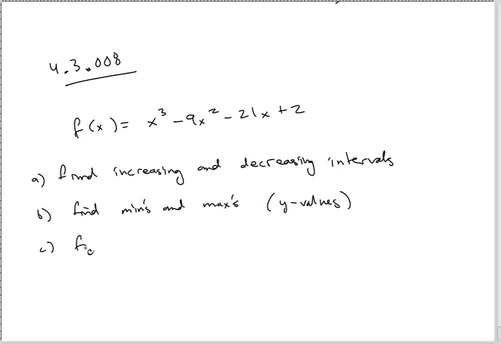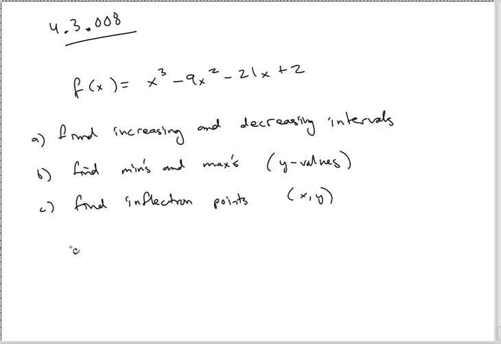C, they say find the inflection points. Here you only have the 1, of course, but inflection points. And this they want in the form of x comma y. Kind of annoying how they want two things. Here they want this one, and it's not a lot of consistency, which is kind of meh.